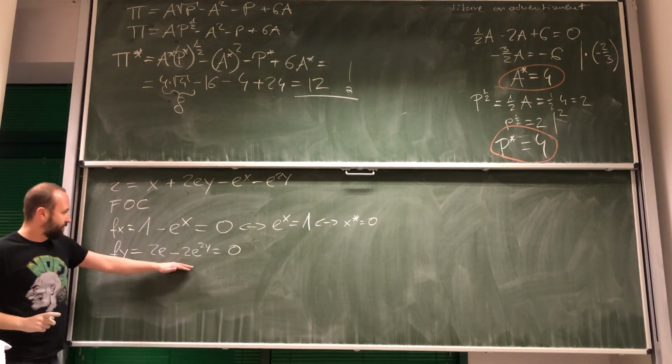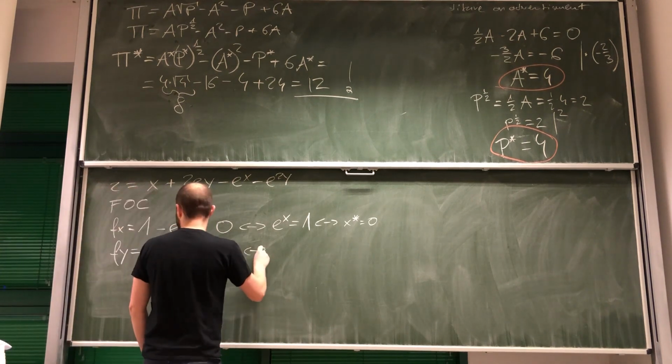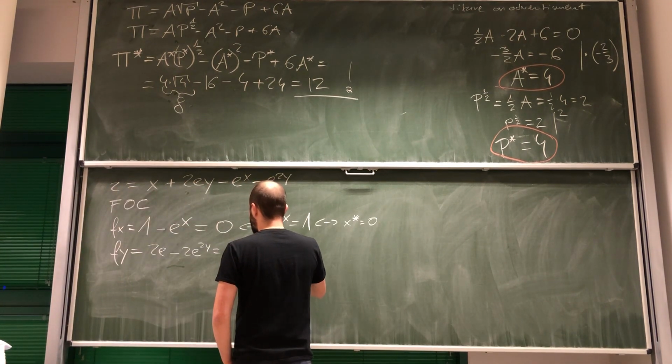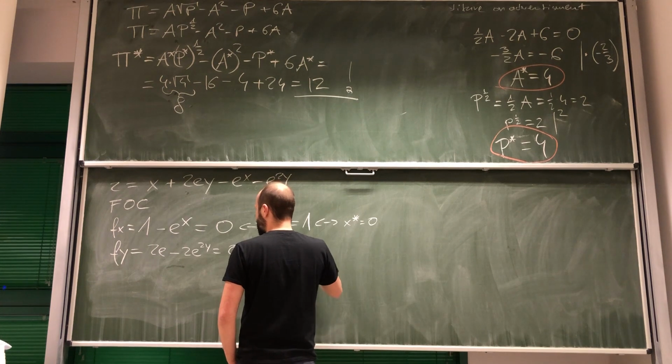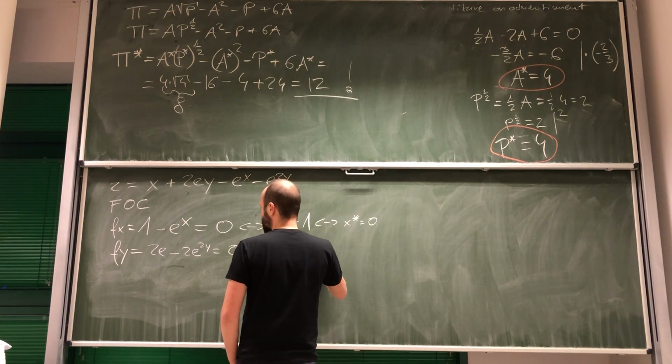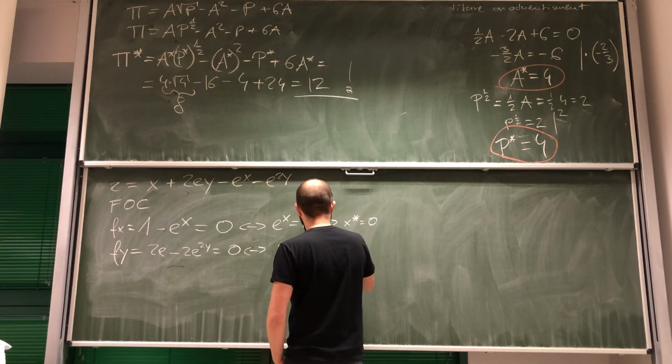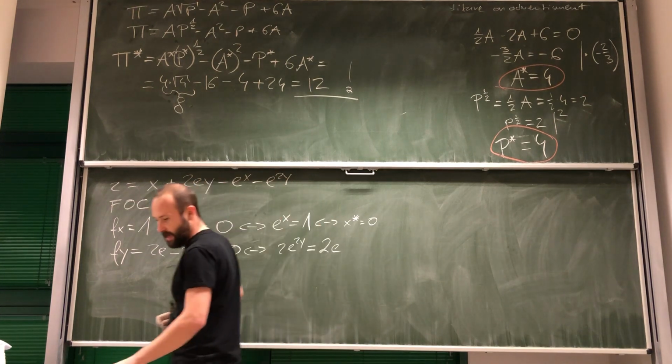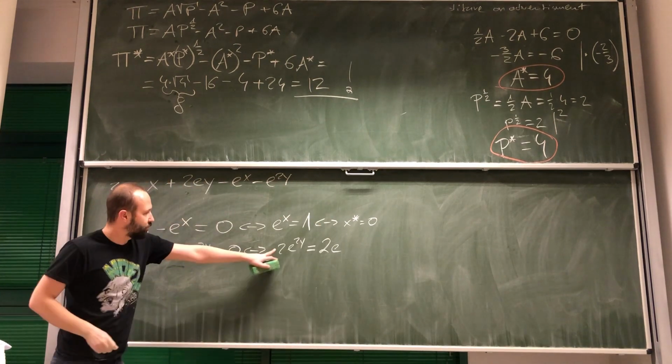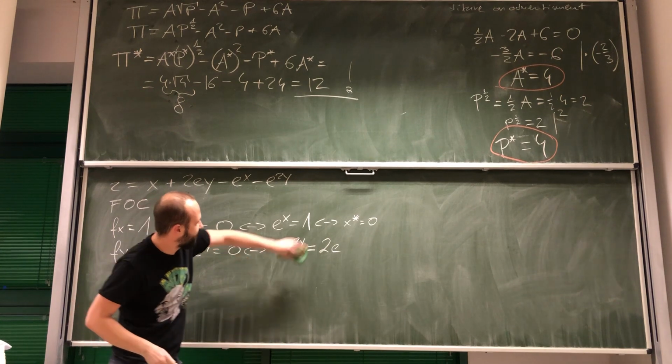Now, out of this, we are getting that 2e^y is equal to 2e^(2y), right? Now, those 2's are canceling each other out.